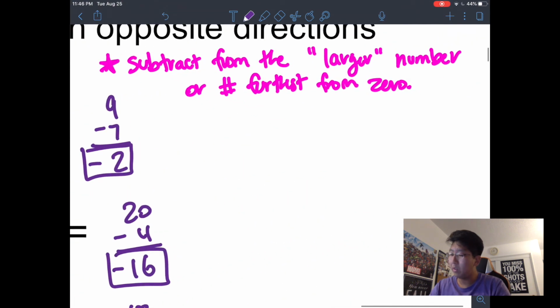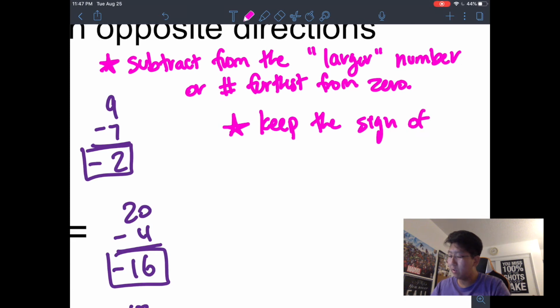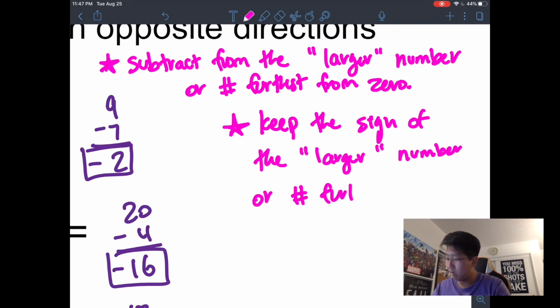So here, a second star, we could say: keep the sign of the larger number, or number furthest from 0. Okay?